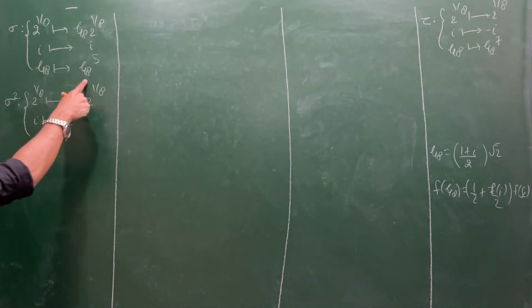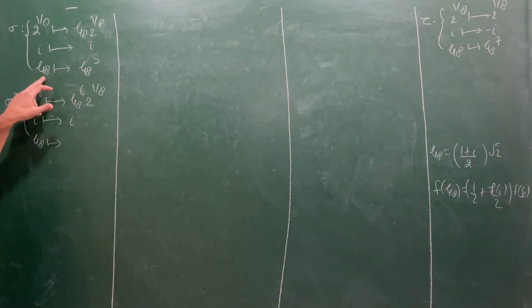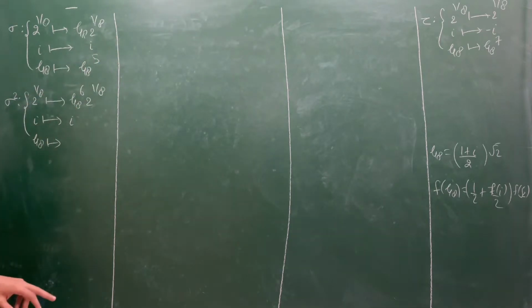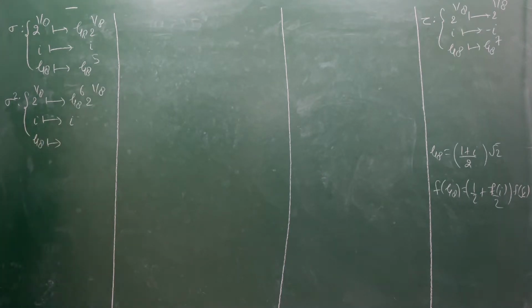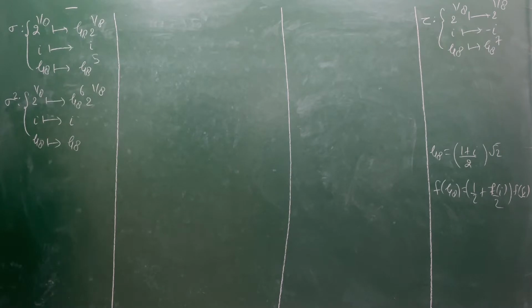So if you operate on this, then you will have σ(ζ8)^5, but σ(ζ8) is already ζ8^5, so you will have ζ8^25. But ζ8^25 is same as ζ8, because ζ8^24 is 1, because ζ8^8 is 1. So it is nothing but the ζ8 element.